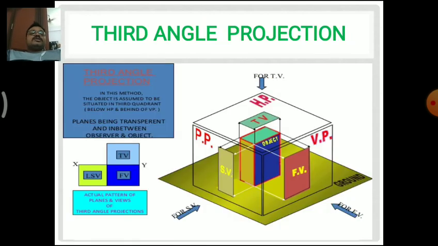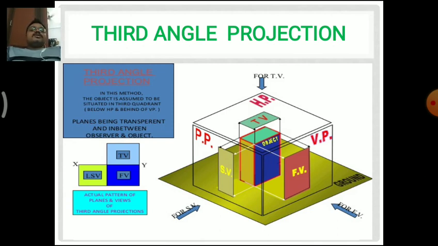So these are the two types of angle projections, the first angle projection and the third angle projection. In this picture, the front view is taken in dark maroon color, the side view in mild yellowish color, and the top view in light mild green color.